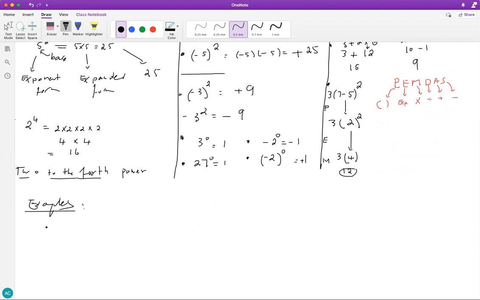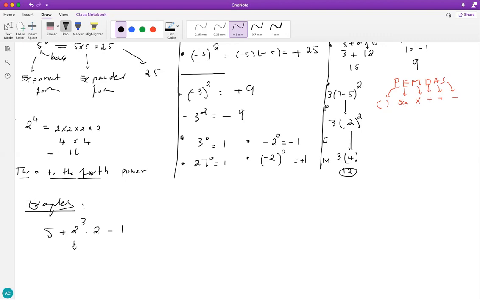So let's say 5 plus 2 to the third times 2 minus 1. So we have a lot going on here in this expression. But again, all we have to do is follow the order of operations. We don't have parentheses, so we go to the exponents. We're going to evaluate this first.